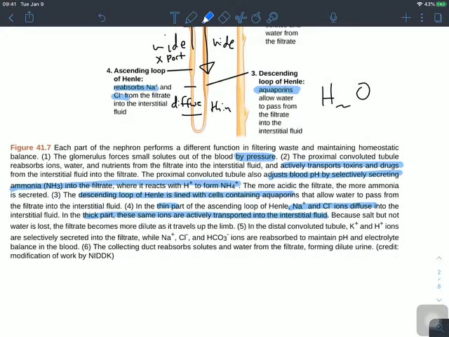In particular, the ions that are most commonly handled by the distal convoluted tubule are potassium and hydrogen protons. They are selectively secreted into the filtrate, while sodium, chlorine, and bicarbonate ions are reabsorbed.